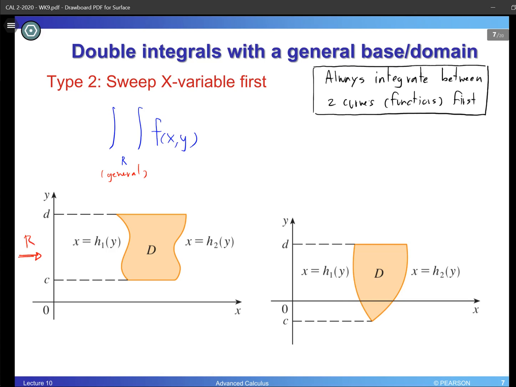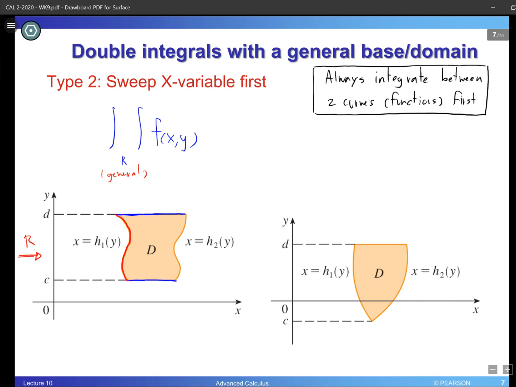Now let's take a look at what we have right here. Let's start with the one on the left hand side. Looking at this, we know right away that for the lower and the upper boundaries, we have constant, straight lines: y equal to d for the upper, and the lower one at y equal to c. For the left and the right boundaries, we have these two curves.